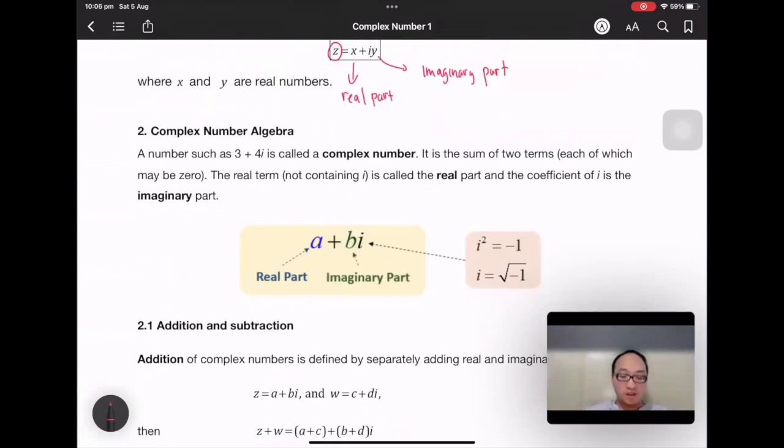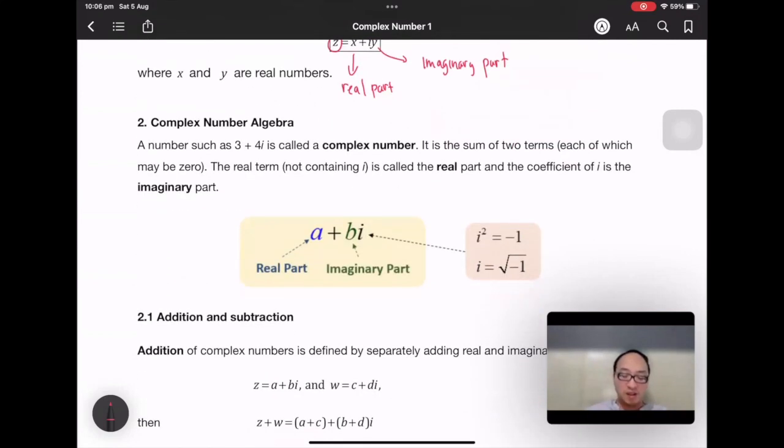You can see from here, the number alone is the real part, and the number with i is the imaginary part. For example, if I have 3 and 4i, that means 3 is the real number, and 4i is the imaginary number.